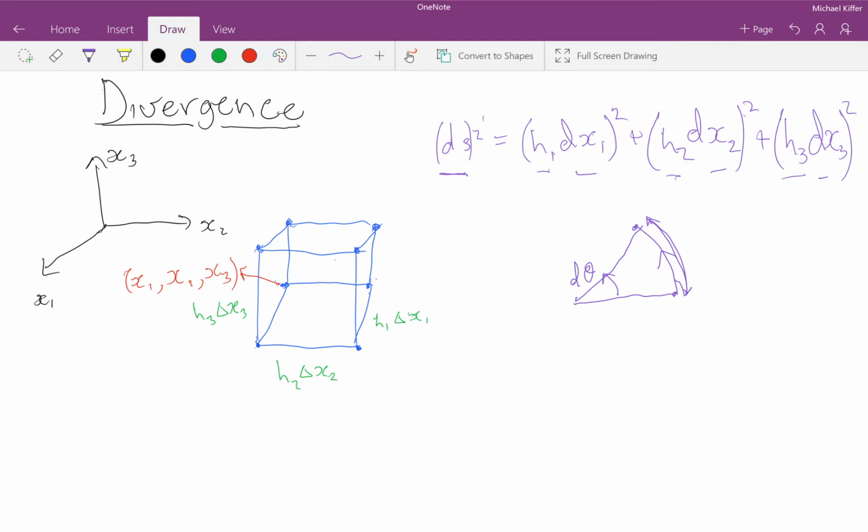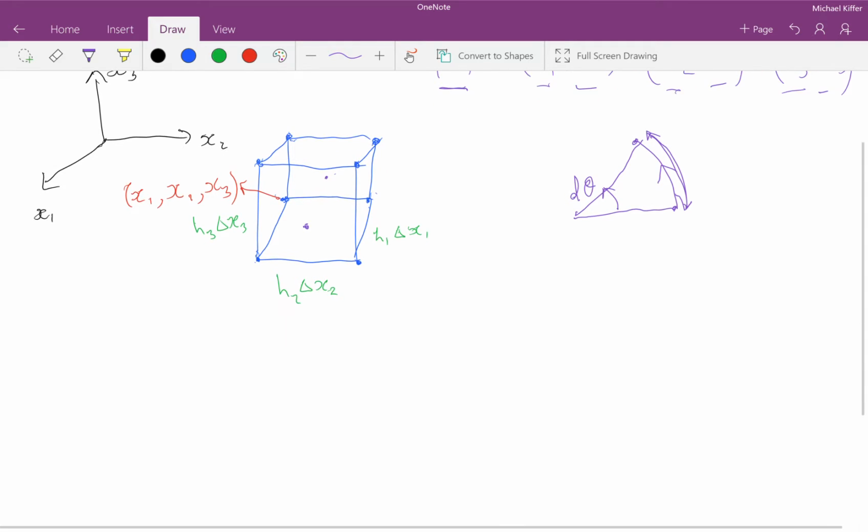I'm going to take the area integrals of the front and the back face, and in doing that we can just commute the values and do the same thing with the side faces and the top and the bottom faces to give us a nice expression for our divergence.